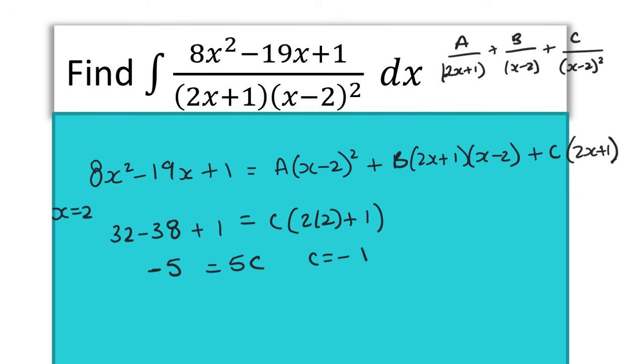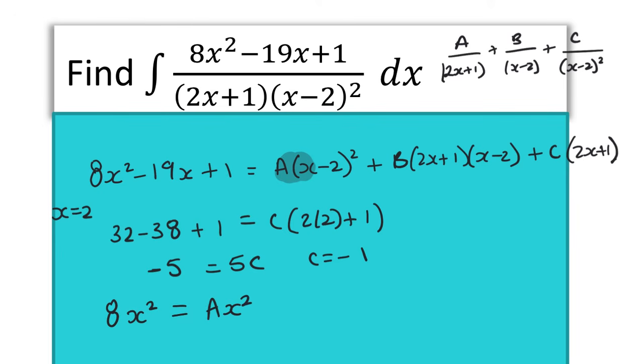Now let's have a look at how we're going to get x squared. So x squared is going to be, we're going to have ax squared here, aren't we? Okay, so guys, when I expand this, I'm not expanding the whole thing, I'm expanding little things. So I know that 8x squared is equivalent to ax squared.